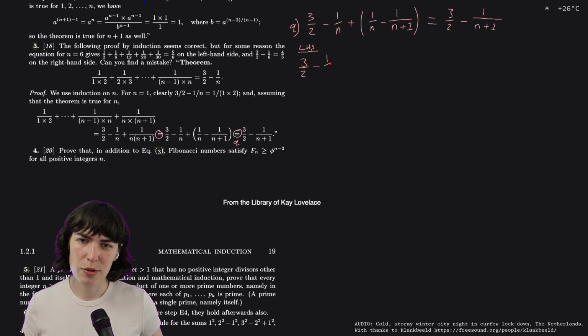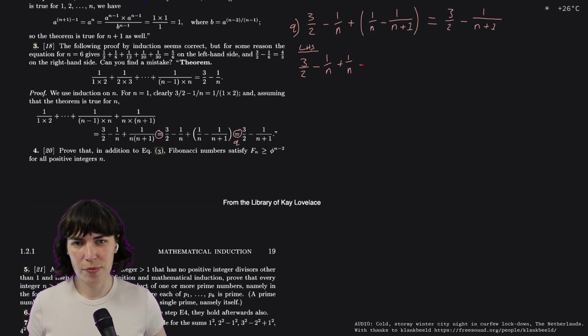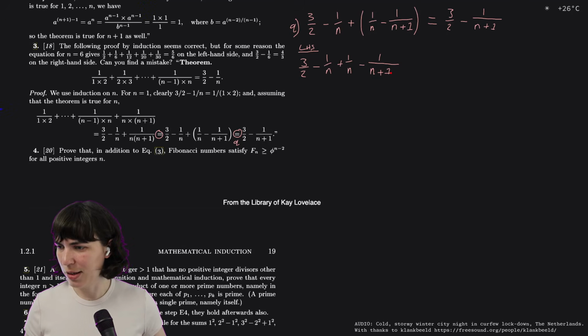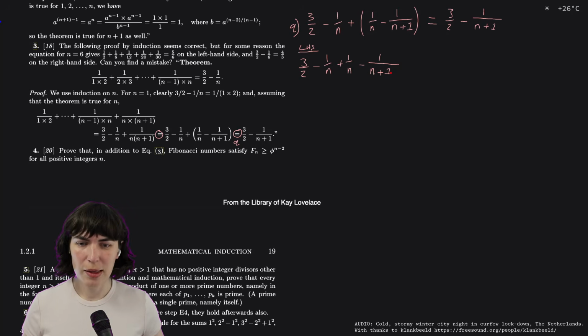So it's 1 over n plus 1 over n minus 1 over n plus 1. Glitching out again, aren't they? Okay.